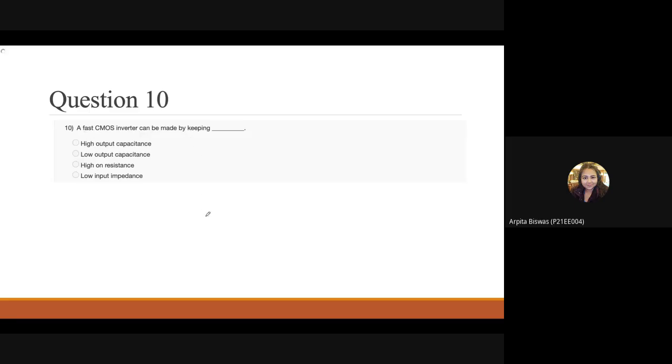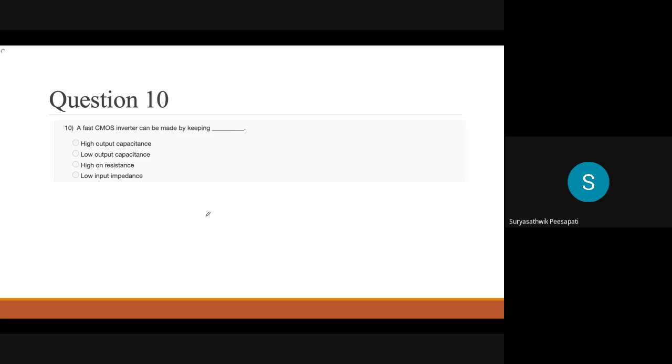This is question number 10. A fast CMOS inverter can be made by keeping: first option, high output capacitance; option B, low output capacitance; option C, high on resistance; and option D, low input impedance.